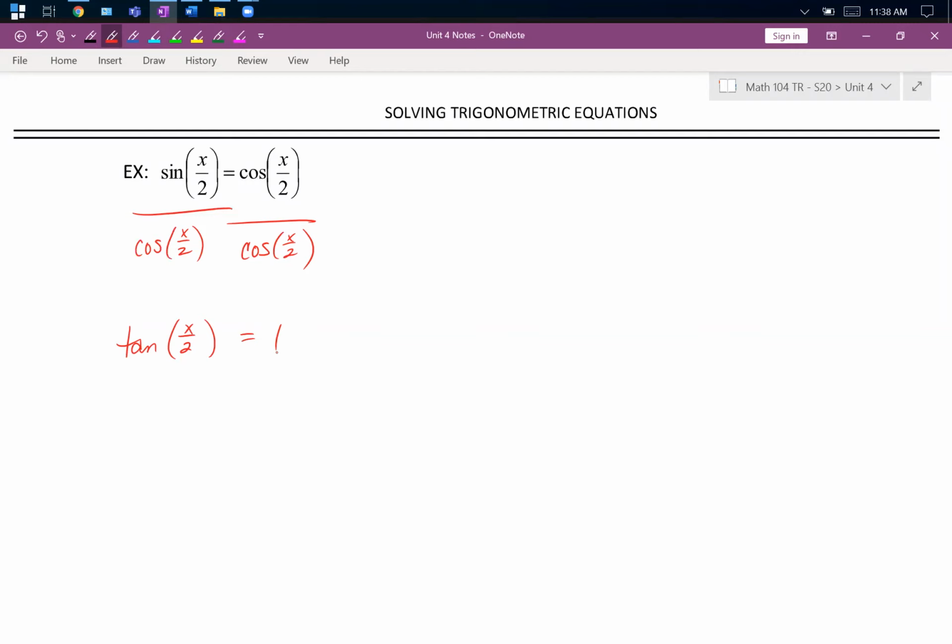Tangent has 3 different formulas. We definitely would not want to use a formula that introduced a second trig function. So we would definitely want to use the one that has the square root, because that only has cosine.